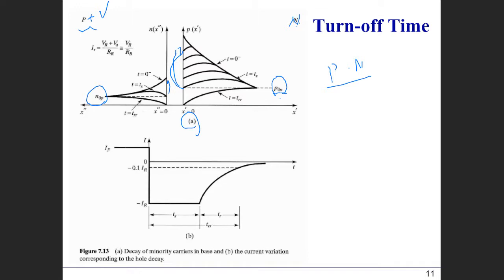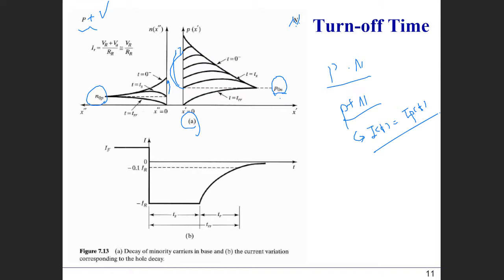But the reason I look at P plus N here is that by using this configuration we can approximate the total current this way, so our derivation is much simpler. Okay, thank you.